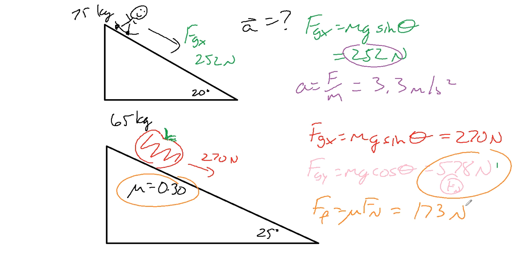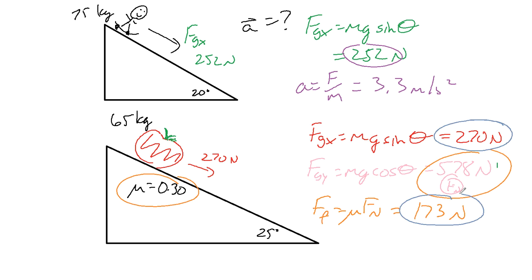Now to figure out the rest, this is the same type of thing as before. How much is trying to move my tomato? There's 270 trying to pull it down the ramp. How much is trying to slow it? 173 newtons of friction.